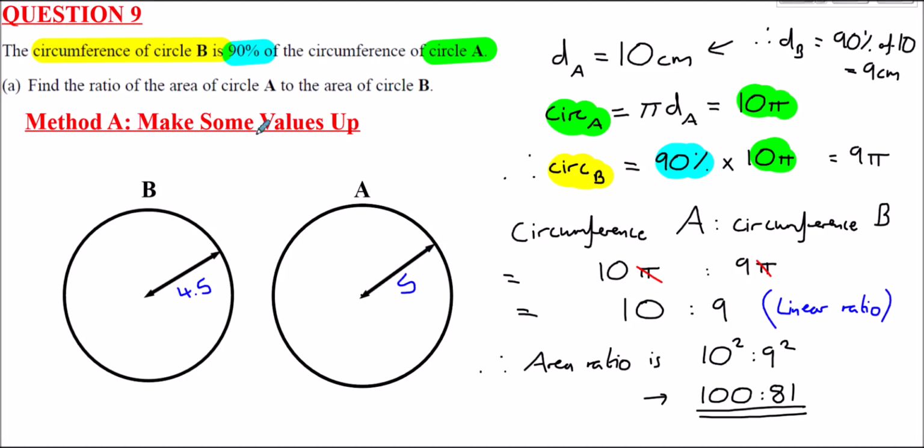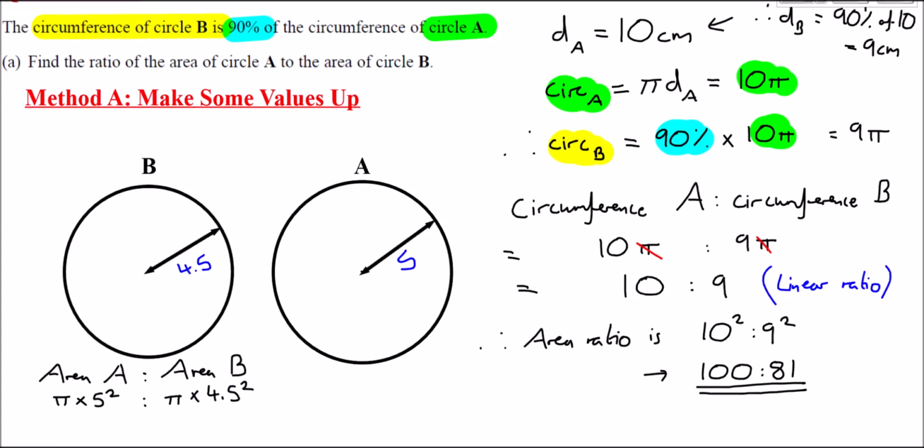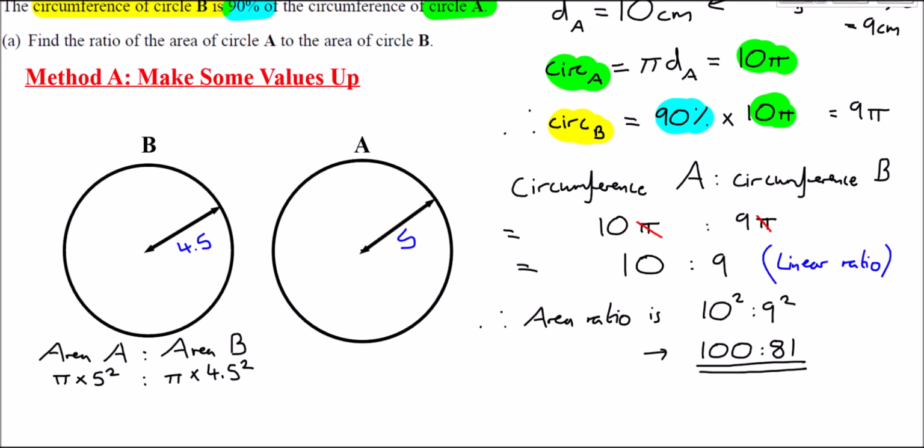So showing you the other way, the area of A to the area of B would be pi times 5 squared. Remember, area of circle is pi times radius squared, and the area of B would be pi times 4.5 squared. So pi times 5 squared would be 25 pi.